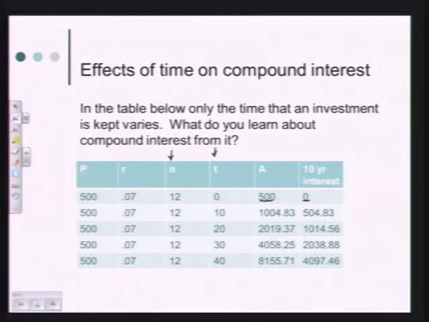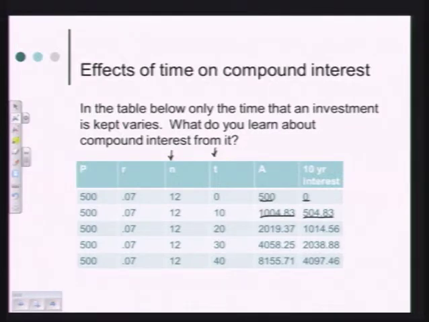After 10 years, if Bob invests $500 at 7% interest compounded monthly, at the end of 10 years, using our formula, you would find that he has $1,004.83 in the bank, which means that in that 10-year period, he picked up $504.83.